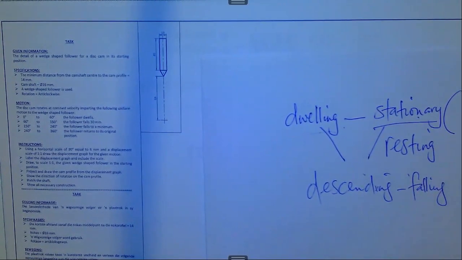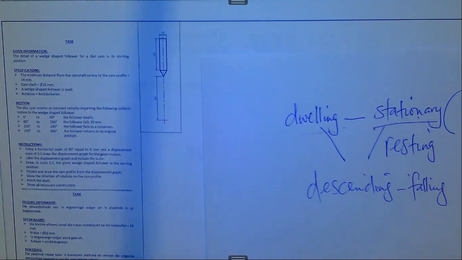From 150 to 240 degrees, the follower falls to a minimum. We shall explain what they mean when they talk about the minimum and the maximum. Then 240 to 360 degrees, the follower returns to its original position.